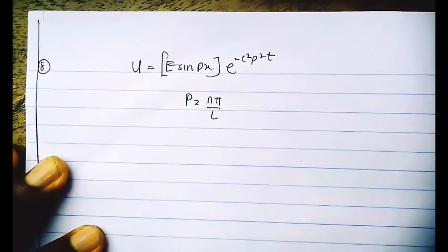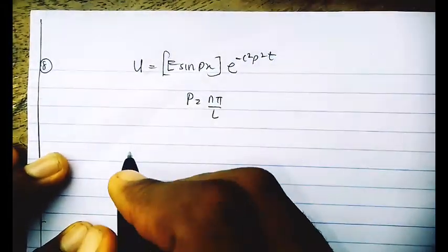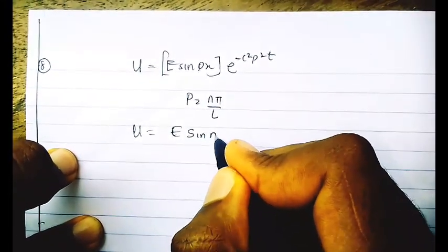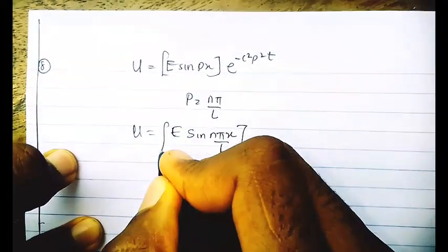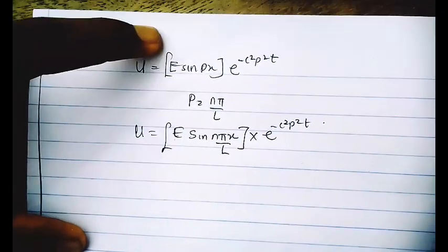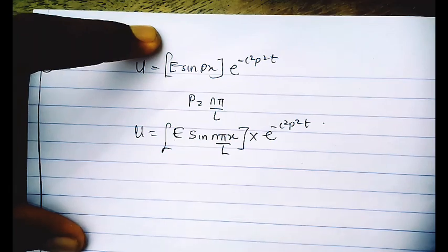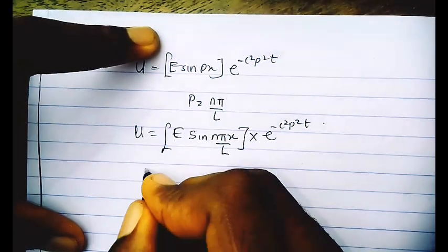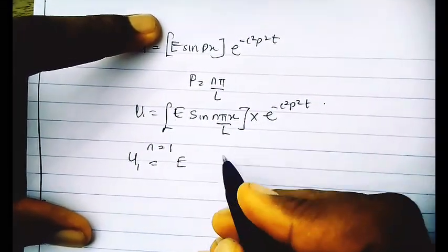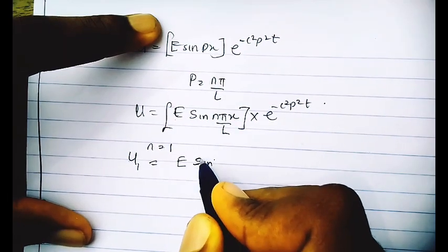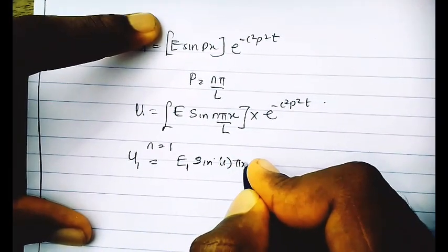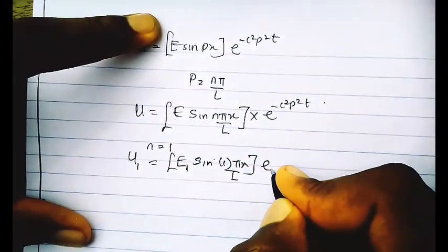So there goes my step 8, substituting it back into the general form of the equation, which is u equals e sine n pi x over l times exponential minus c square p square t. Now we can express this as consecutive functions of u. When n equals 1, call this u1: e1 sine 1 pi x over l, exponential.